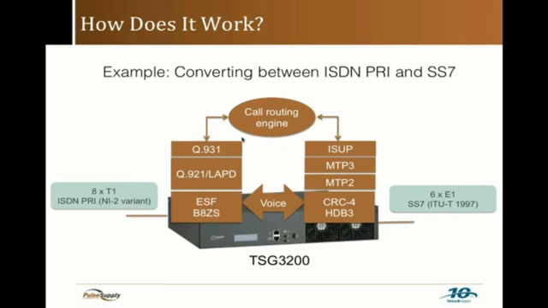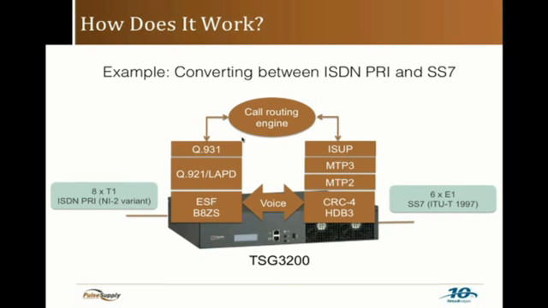So the signaling converter here implements the different SS7 layers: MTP2 as a transport layer for SS7 messages, as well as MTP3 on top of that, and finally the call control layer in SS7, which is called ISUP.